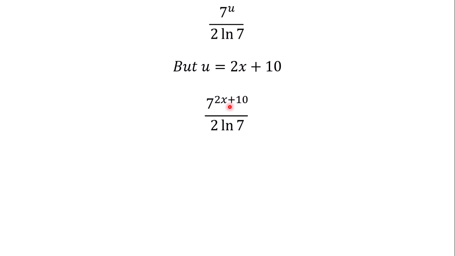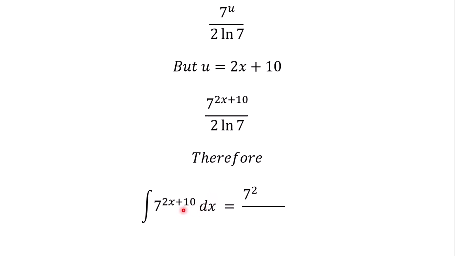So the answer to the integral question is 7 raised to the power 2x plus 10 divided by 2 ln 7. Let's conclude. Therefore, the integral of 7 raised to the power 2x plus 10 is equal to this one plus c.